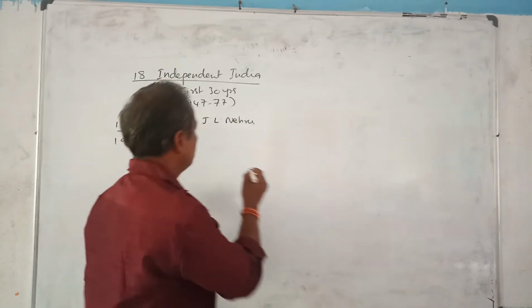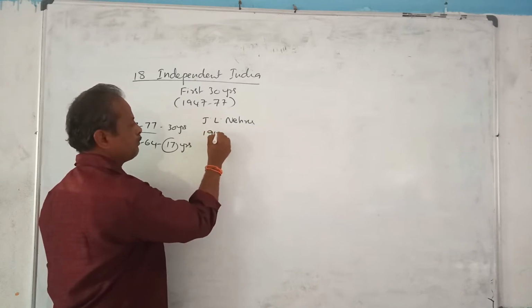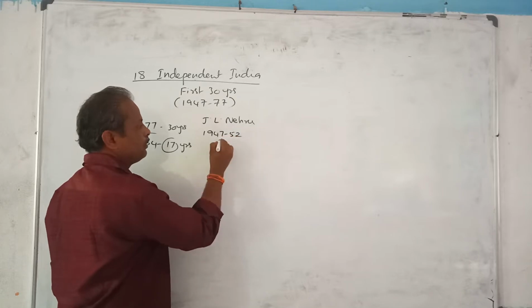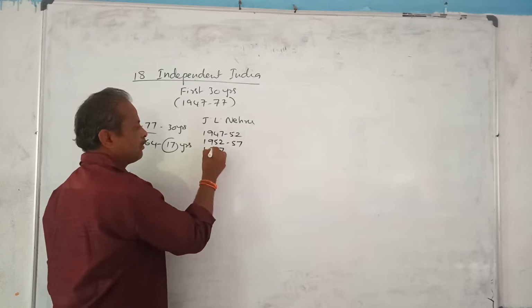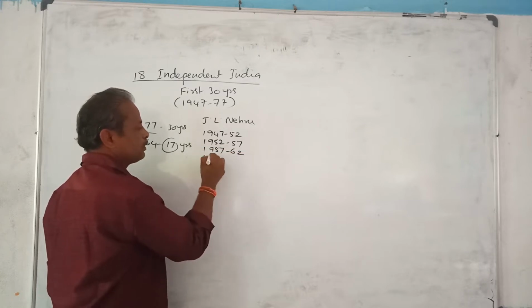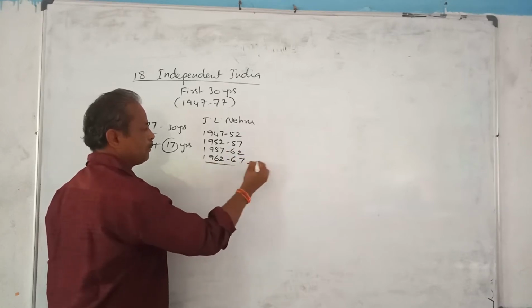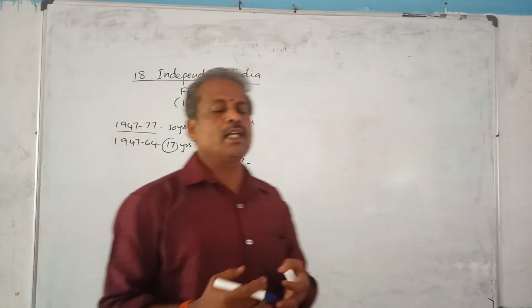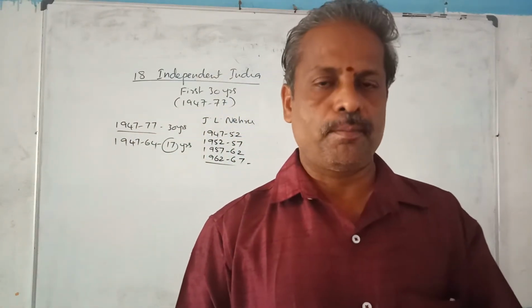It means he was elected as Prime Minister 1947 up to 52, 1952 to 57, 1957 to 62, 1962 to 67 also. But unfortunately, Jawaharlal Nehru passed away in the year 1964.